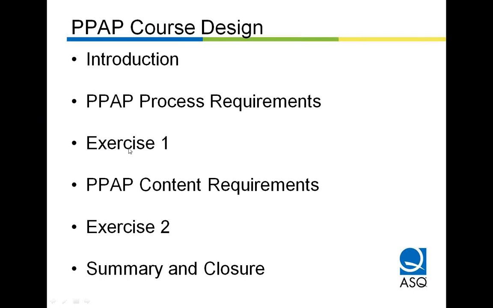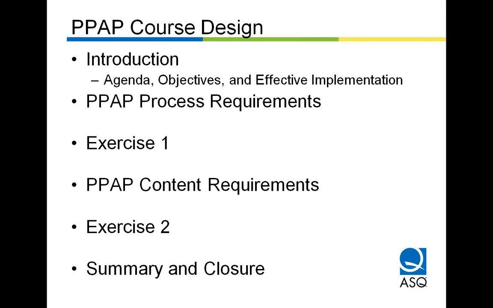There's an exercise that you'll get to experience in this webinar, and then we'll talk about the content-specific requirements, those 18 requirements that need to be reported out for every PPAP. And then we have a second exercise for you that I think you'll really enjoy. It's called Simple Words for the 18 Elements.